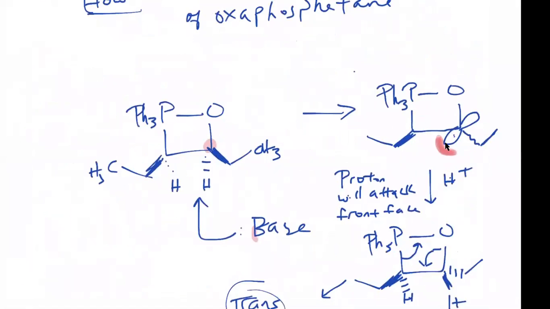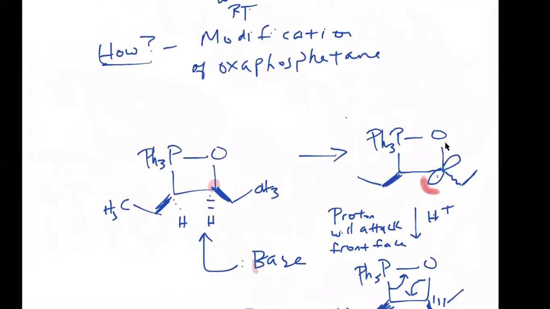Right. So the whole goal of the Schlosser again is to take a ylide that would normally give you a cis alkene, and then do this modification by adding in a strong base to deprotonate the oxyphosphatane, and then once you do that, you can just add a proton source in, and that proton is going to convert what was a cis oxyphosphatane into a trans oxyphosphatane.